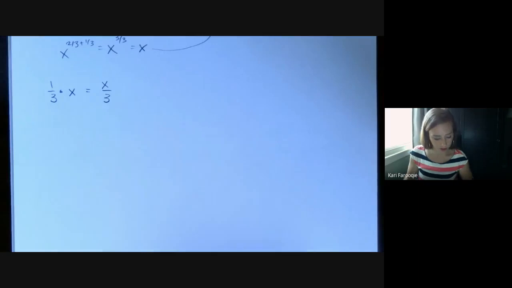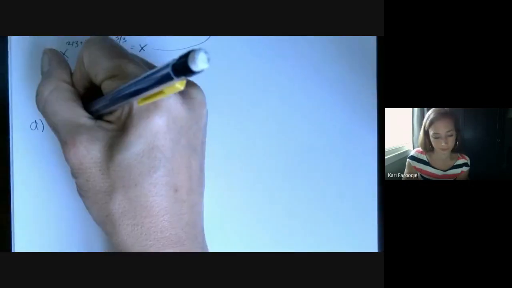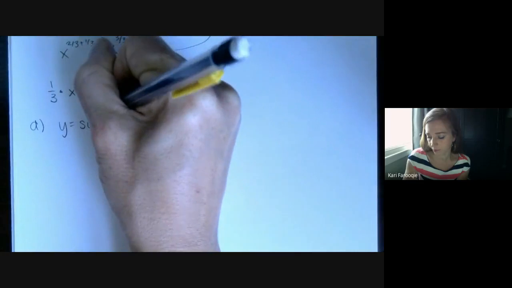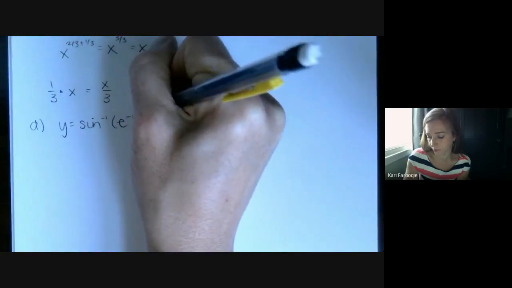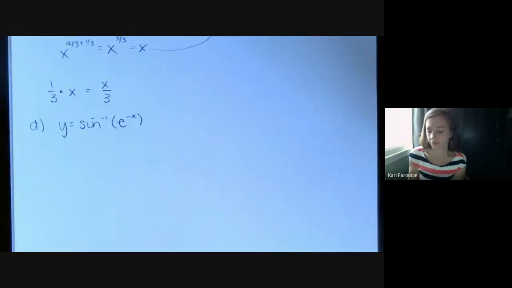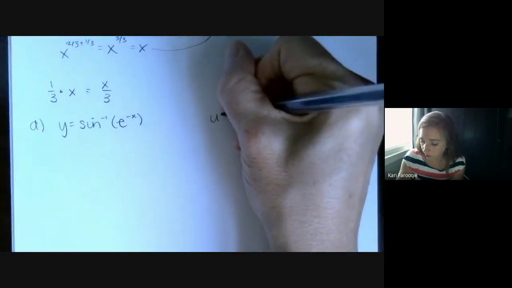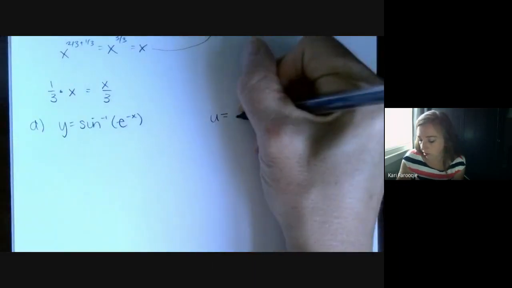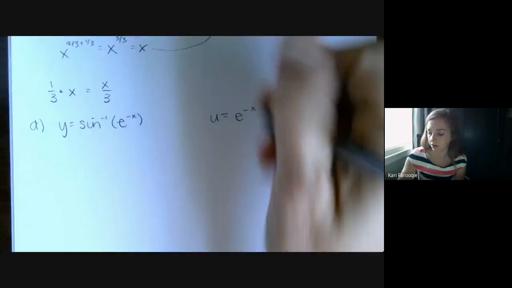Let's go ahead and do the inverse sine of e to the -x. If you find it helpful to take the function out as u of x, you could say, okay, fine, we'll let u be e to the -x.